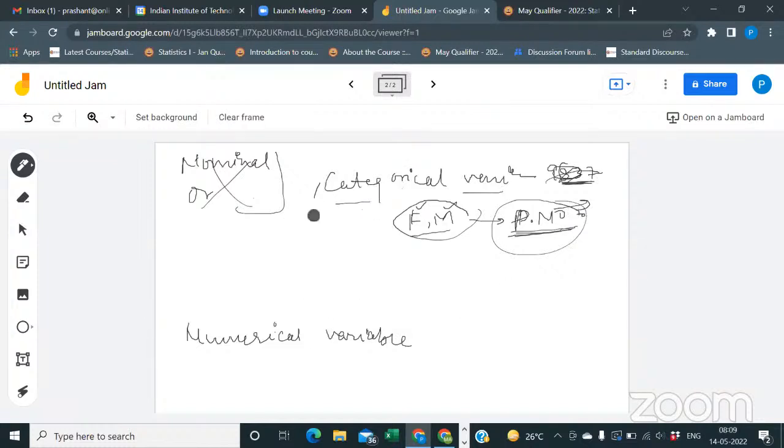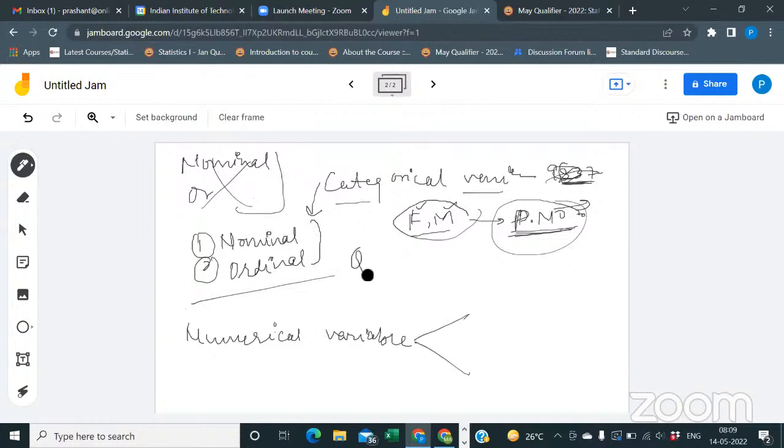For categorical data, you can use only two scales of measurement: nominal and ordinal. In other words, category is nothing but quality, the qualitative data. And a numerical variable includes quantitative data, where quantity is mentioned.